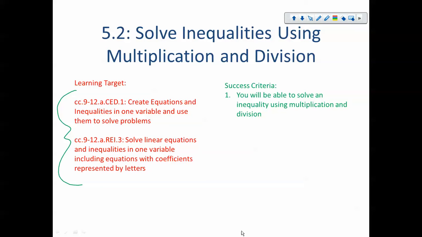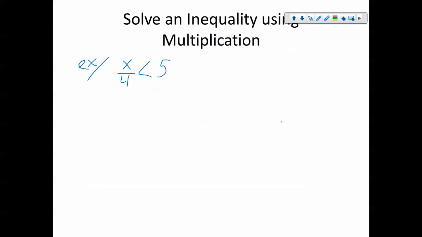Let's get started. First up, we're going to solve an inequality using multiplication. And remember what we talked about in our section 5.1 videos. Solving, we follow three things. The overall goal is to isolate the variable. We do that by doing opposite operations.